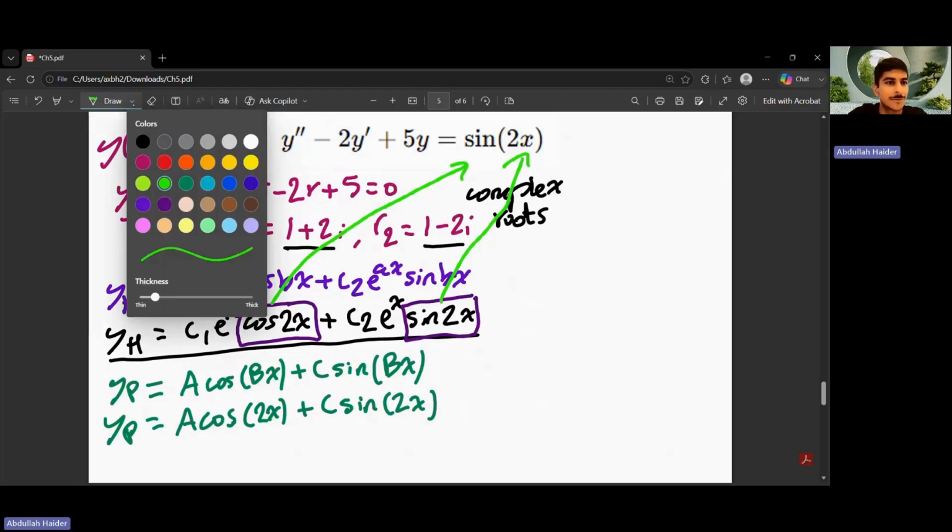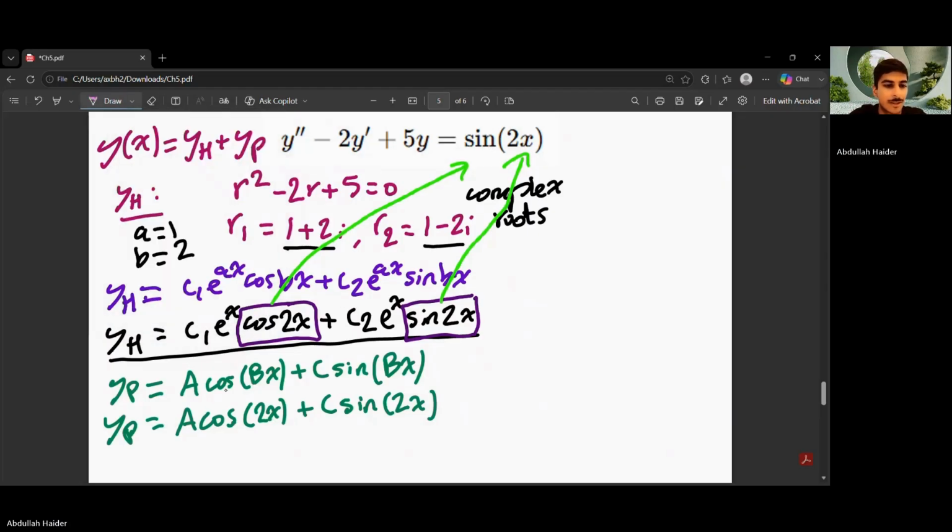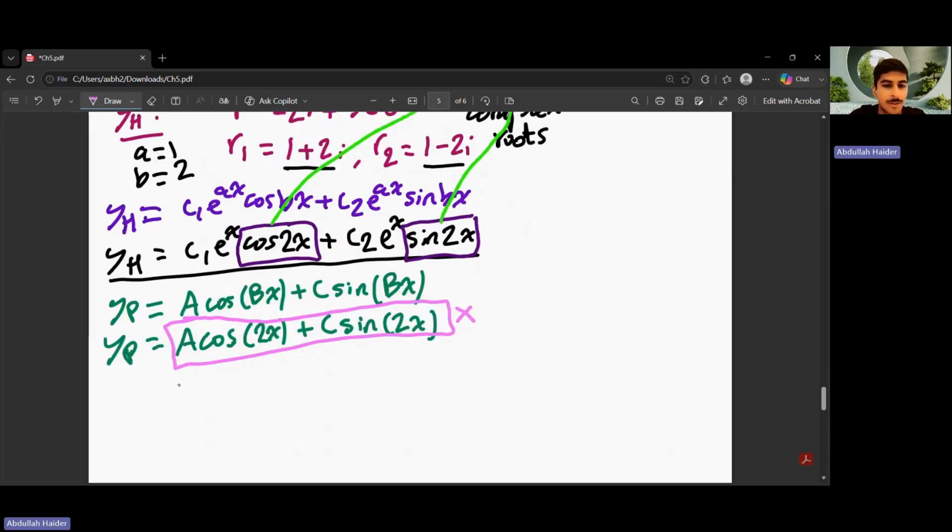So therefore, our final yp is going to be this multiplied by x. That's it. So if you want to expand further, ax cosine 2x plus cx sine 2x.